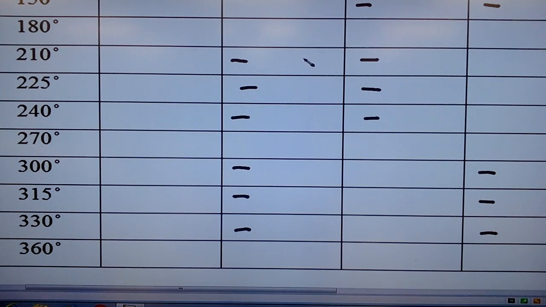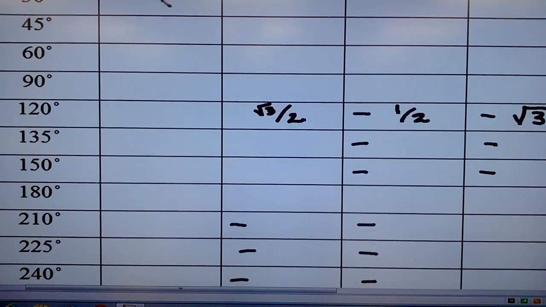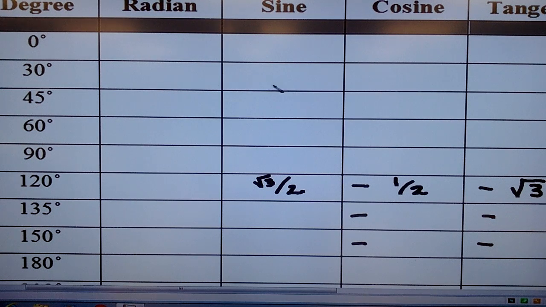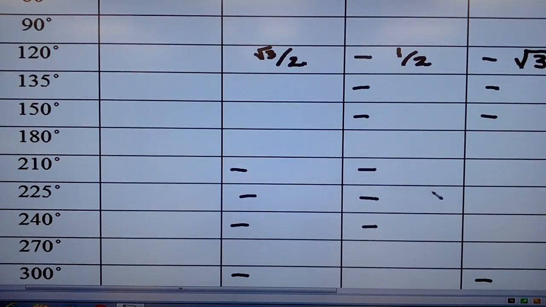How do I find my reference angle for 210, which is in quadrant 3? Great, you're right. You subtract 180 from 210. So when I subtract 180 from 210, that gives me 30. So then the values that I have for 30 for sine, cosine, and tangent, I'm now going to put them in 210.